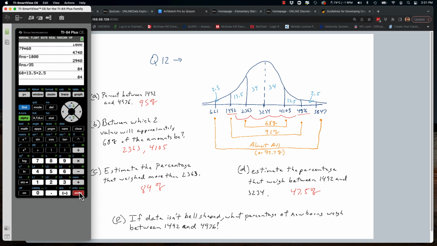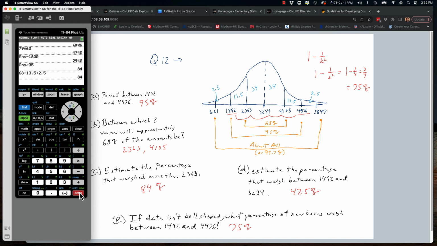So Chebyshev's inequality, remember, is 1 minus 1 over k squared, where k represents the number of standard deviations you are away from the mean, in this case 2. So if we do 1 minus 1 over 2 squared, it gives us 1 minus 1/4, which is just 3/4. And percentage-wise, this would be 0.75 or 75% of the data falls between those if it wasn't bell-shaped. So the answer for this last one would be 75%.